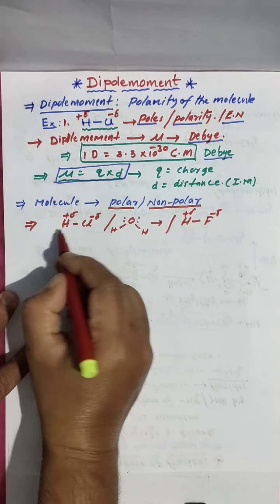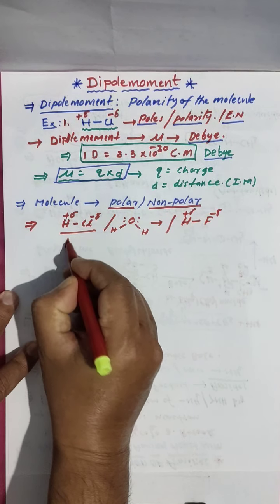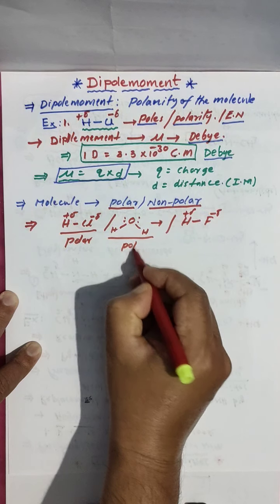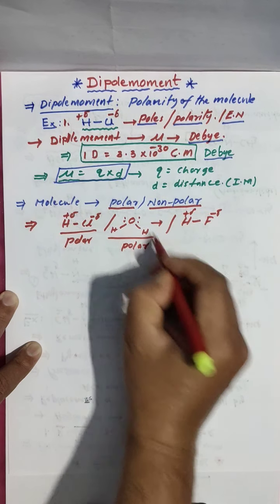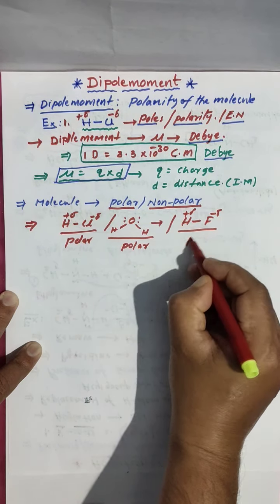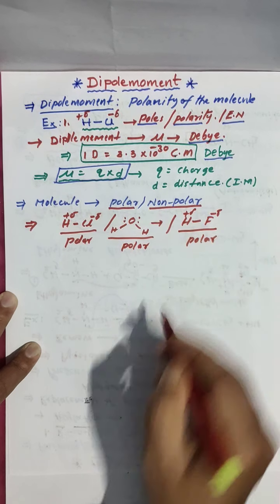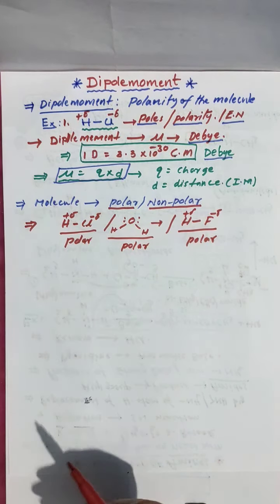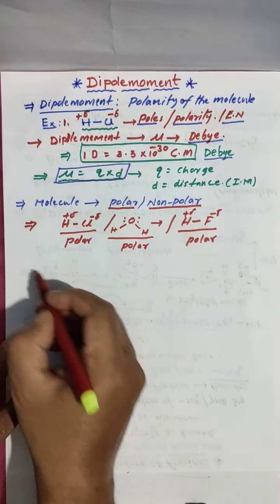This is also polar because of del minus, del plus. Here also del minus, del plus. Generally we learn that if del minus, del plus is there, it is polar. If it is not there, it is non-polar.